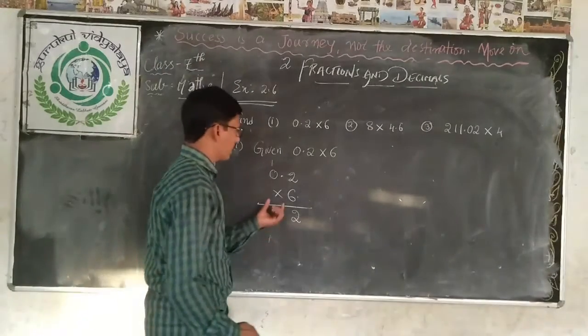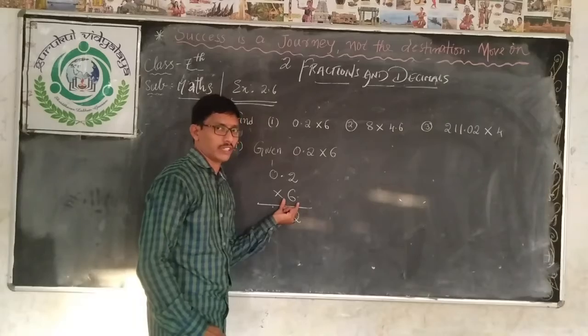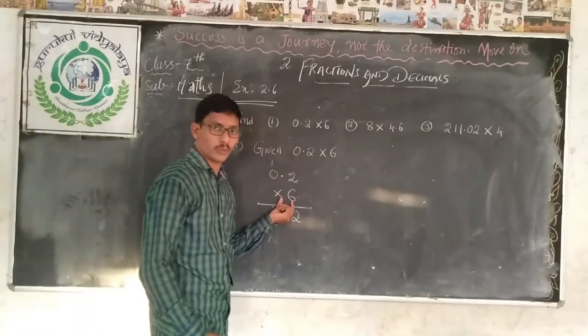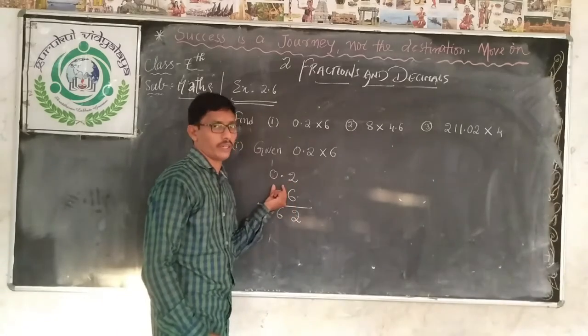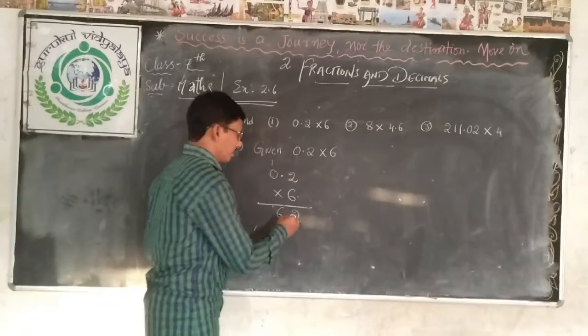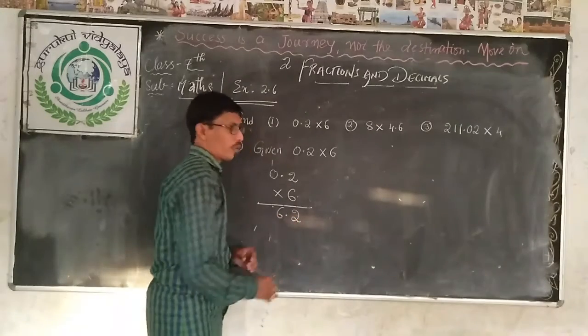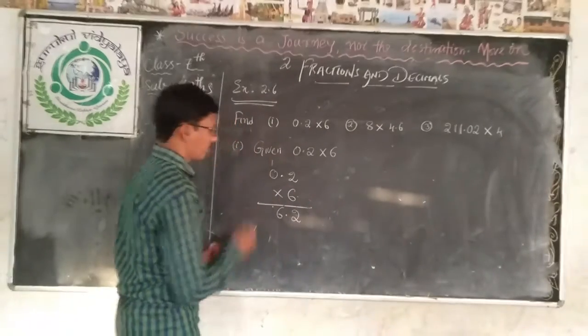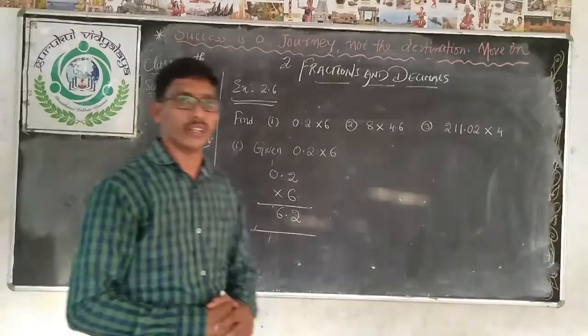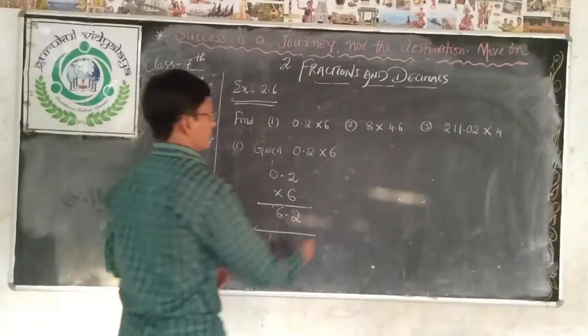Here, 6 is a whole number, and 0.2 is a decimal number. There is only one digit after the point, so in the answer you keep one digit after the point from right to left. So 6.2 is the answer. Next problem.